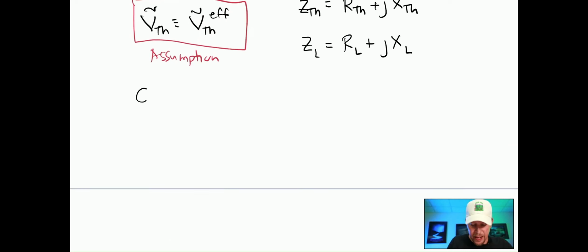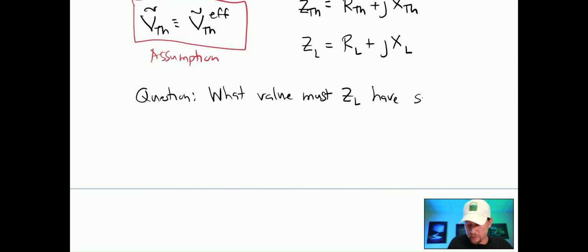And the question that we want to ask, again, just to make it absolutely clear, is what value must the load impedance have such that the max power is drawn from the network?